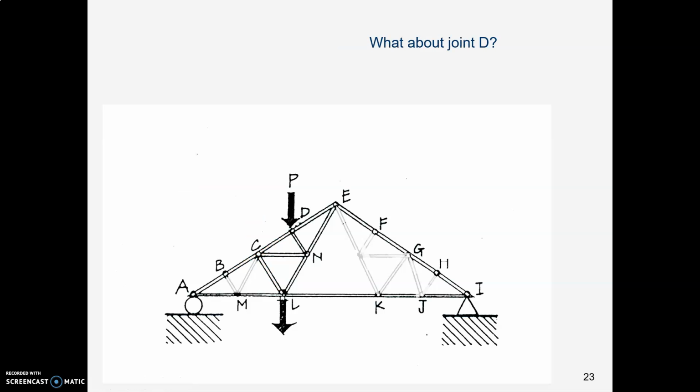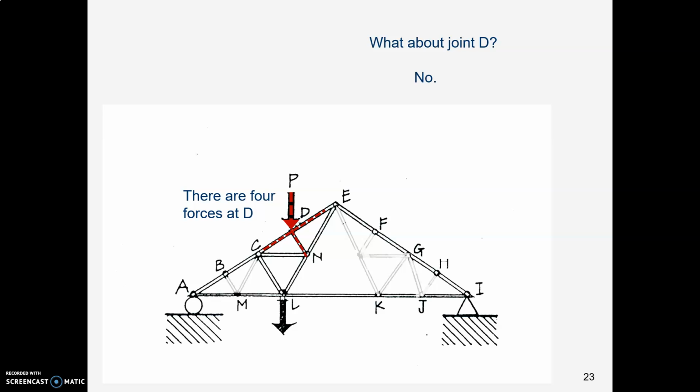What about up here at joint D? You might be saying, aha, there are 3 bars in joint D, and 2 of them are in a line. Not so fast. No, that doesn't work because there are actually 4 forces at D. You've got those 3 bars, but you've also got that force P coming straight down.